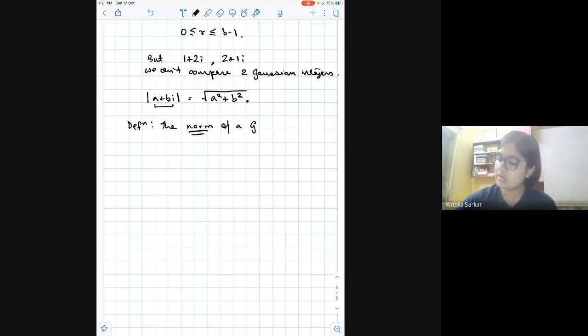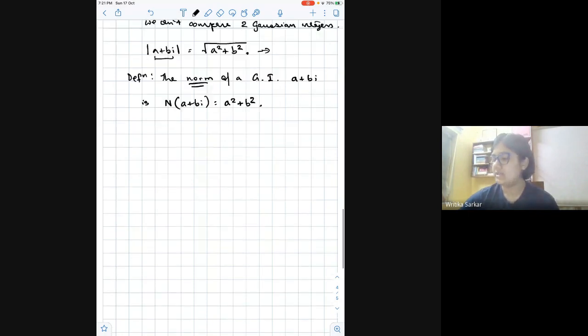I'm going to use short forms now, with GI standing for Gaussian integers. The norm of a Gaussian integer a plus bi is N(a plus bi) equal to a squared plus b squared. We just remove the square root from the absolute value.